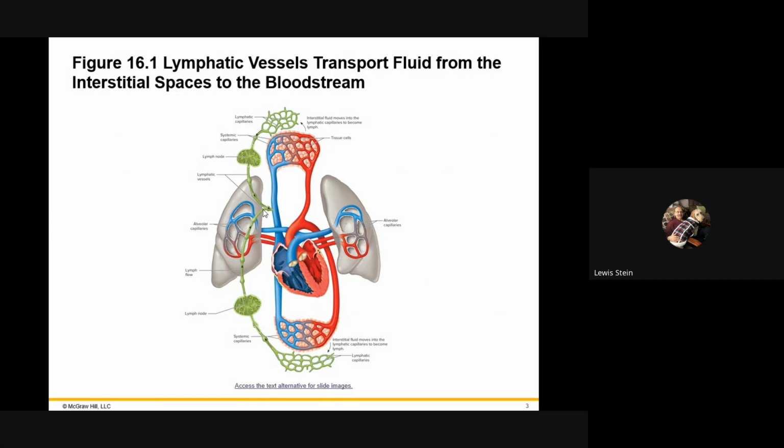The right half of your head and neck, and your right upper extremity, and your right upper torso, the right thoracic area, they all drain, and that's the term we use. Their lymph drains into what's called the right lymphatic duct.